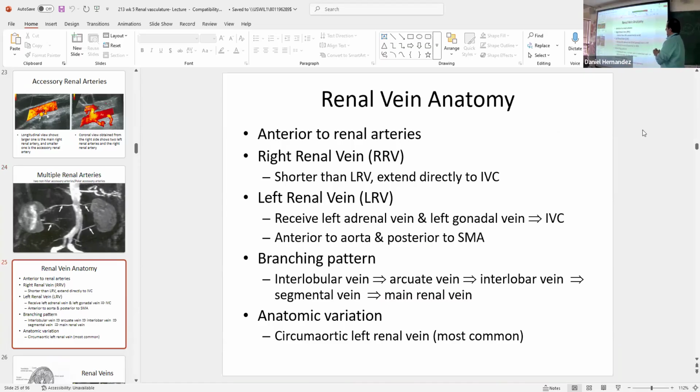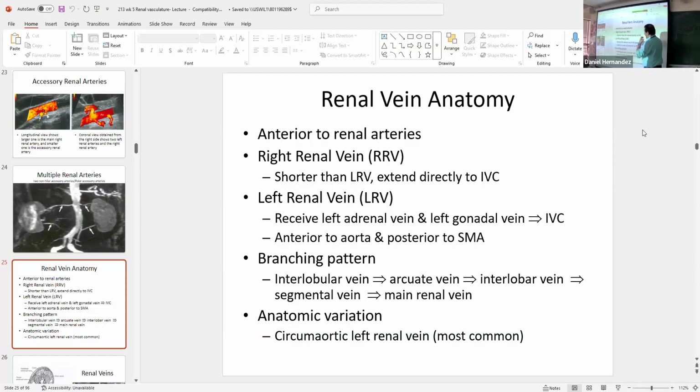So, venous anatomy. We said the veins are anterior, or in front of, the renal arteries. The right renal vein is shorter in length compared to the left. They extend directly into the IVC. The left renal vein has a couple of things that are unique to it. First and foremost, remember it passes anterior to the aorta, in front of the aorta, and posterior to the IVC, so it's sandwiched in between those two vessels.